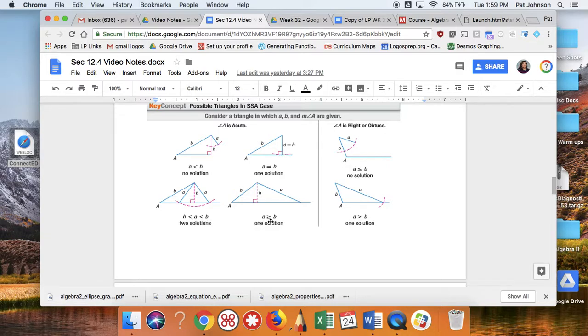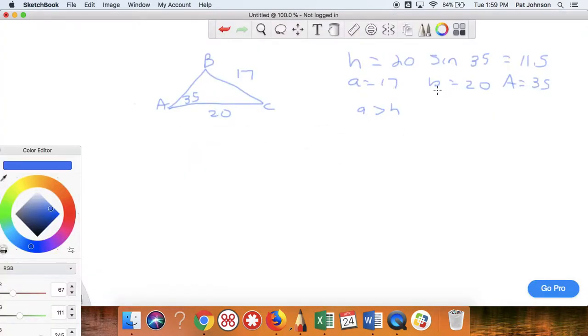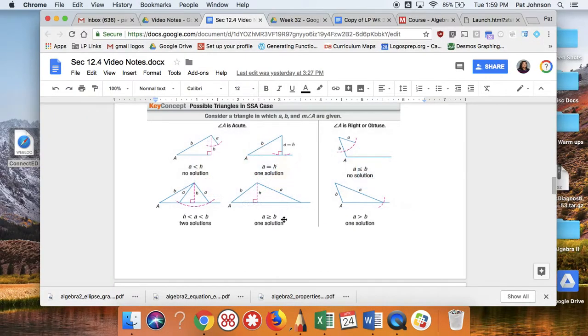Now we have to check whether a is greater than or equal to b or less than b. b is 20. Since a is less than b and greater than h, we have two solutions. So we have to consider the acute angle and the obtuse angle.